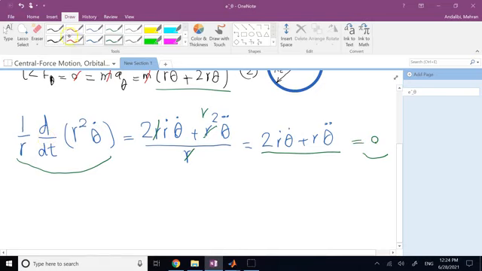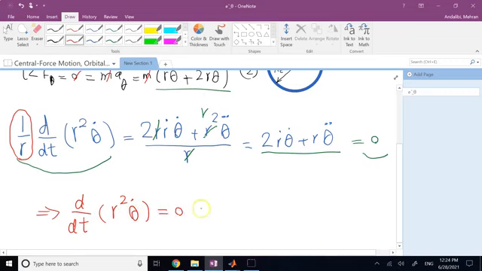Now, the good thing is this first term cannot be 0 because it needs an infinite radius, which is really not what we are looking into. So when that is not 0, it means the second term, this time derivative, has to be 0. And when the time derivative of anything is 0, it means that entity has to be constant. Good?